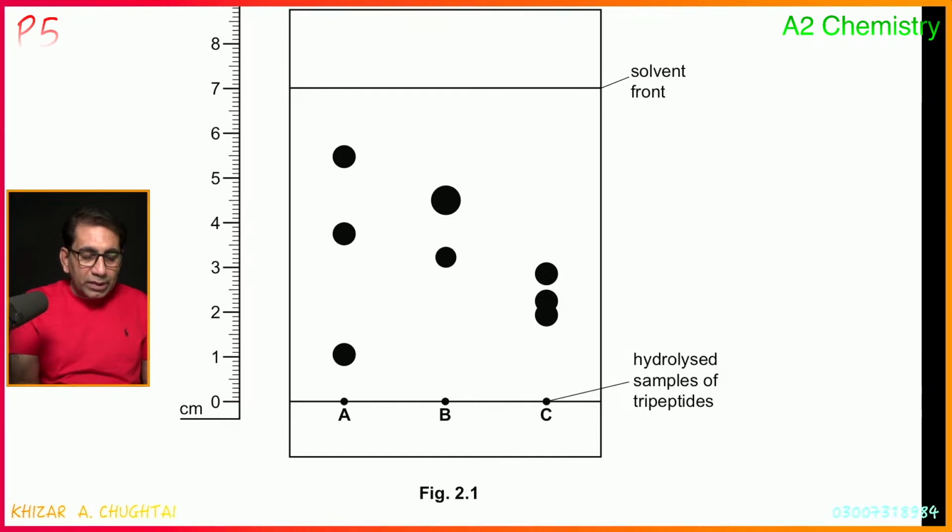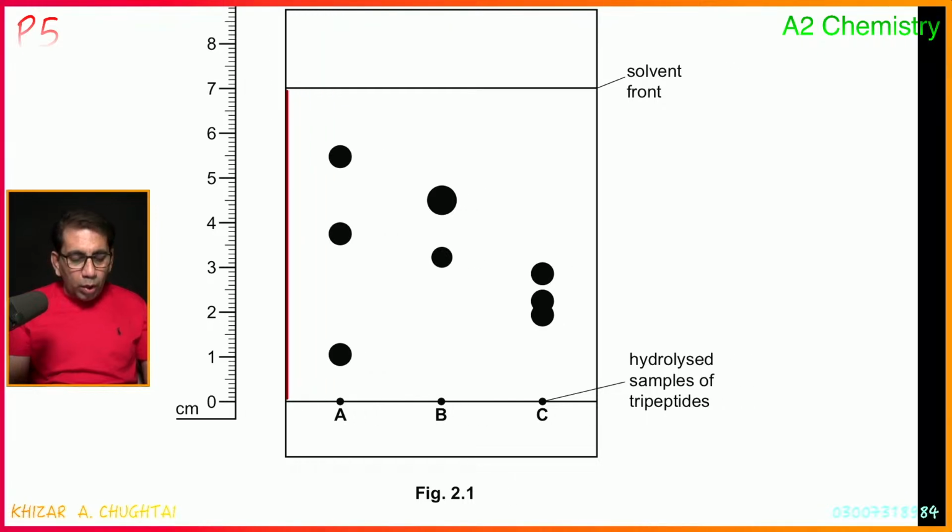First of all, what is the solvent front? According to the given scale, it is equal to 7. Now, the distance traveled by the first spot of A is equal to 1. So its RF value is 1/7.